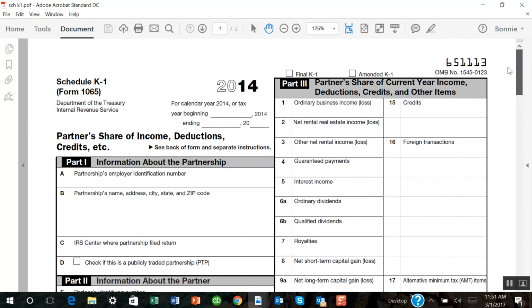It's only one page. Now, you notice here, if this was his final year in the partnership, then you would click this. Oh, by the way, notice that this is a writable and readable form that the IRS gives us.